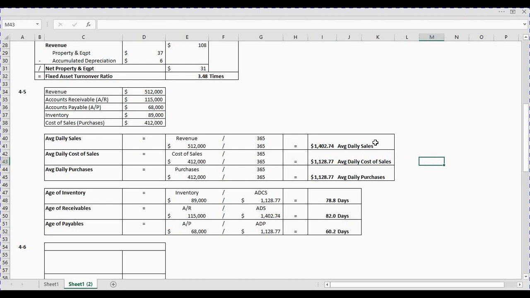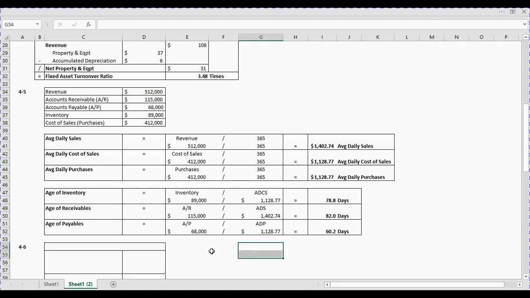What else would be causing daily sales to increase faster than the average daily cost of sales, other than being able to command a higher selling price in the market? So that's a good thing. It's probably unsustainable in the long run, but in the short term, that's a good sign.